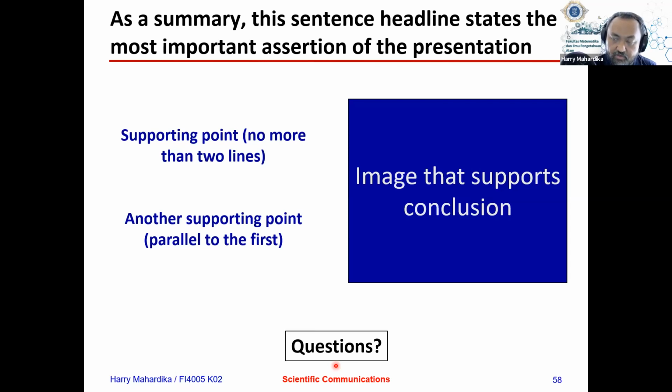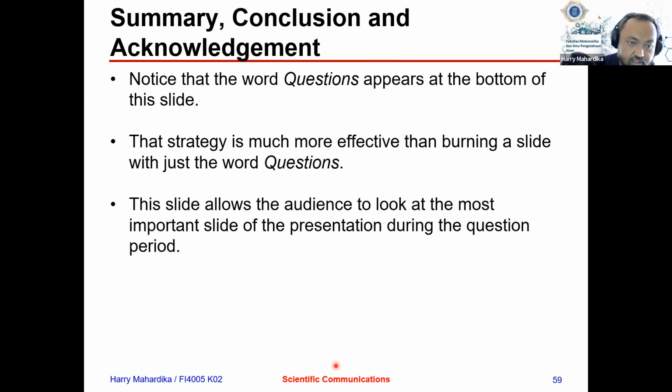If you have questions, please ask them freely." So you make the transition with your voice instead of putting a question mark on the slide. That's another approach. This slide allows the audience to look at the most important slide of the presentation during the question period.